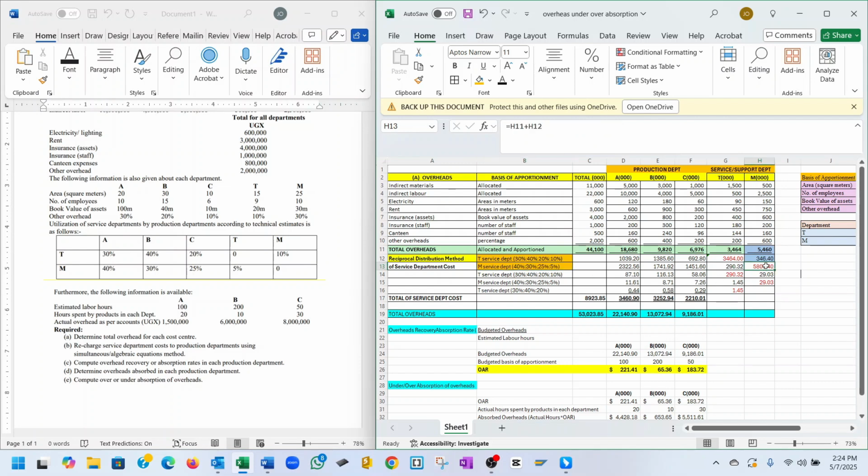So 40 over 100 times 5806 will give us this number. Then 30 over 100 times 5806 will give us this number. And 25% over 100 times 5806 will give us this number. And 5% of 5806 will give us this particular number. I hope you get it. Okay.